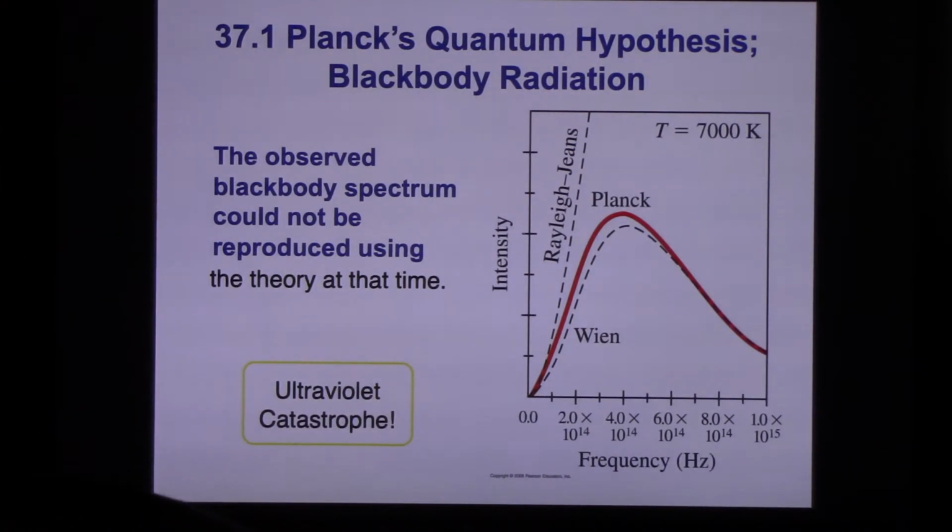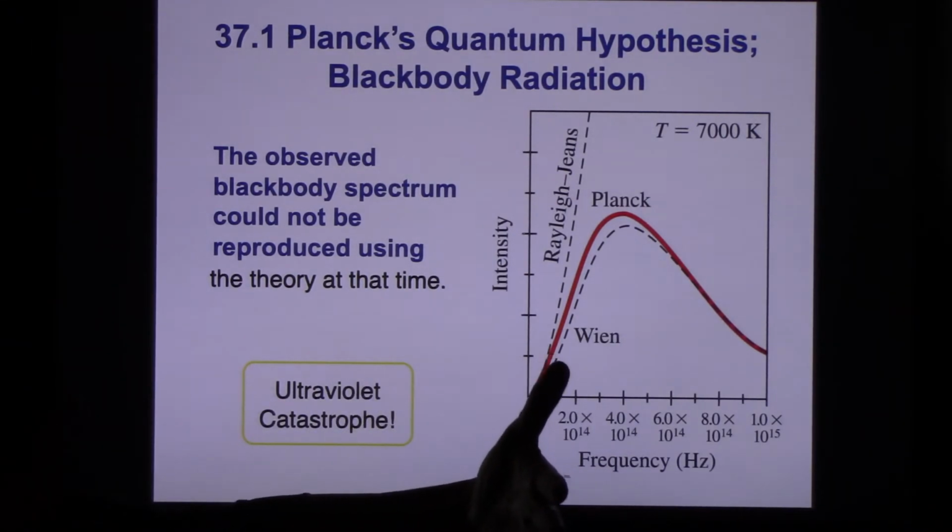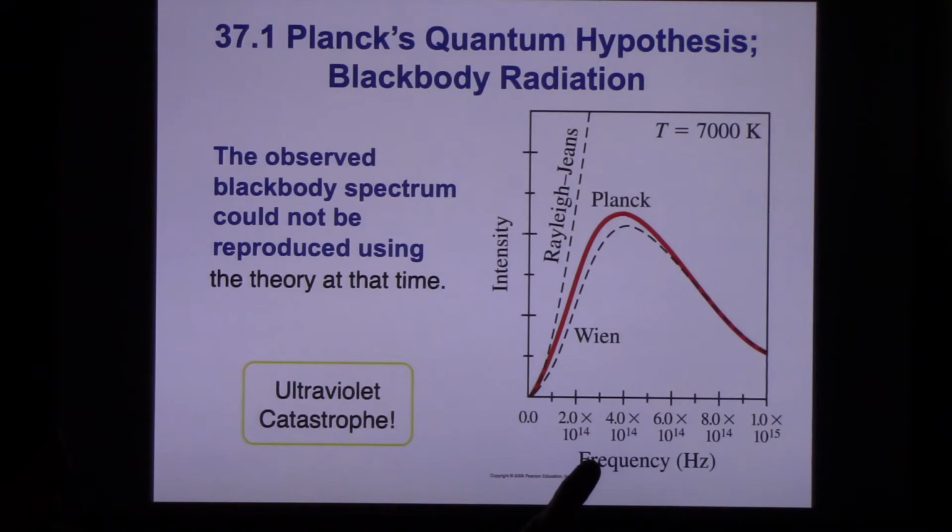Now, at the time when these models were being developed, the idea was as you went to shorter and shorter wavelength of light, there are more and more ways to have shorter wavelengths than there are longer wavelengths. That statement sounds a little funny, but the idea is, imagine taking a box. How many different ways can you fit long wavelengths into the box?